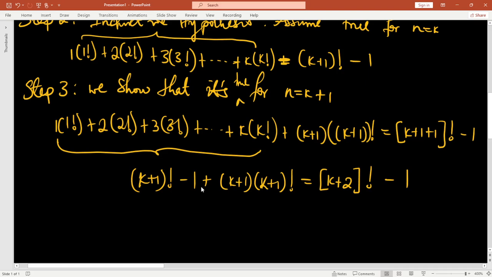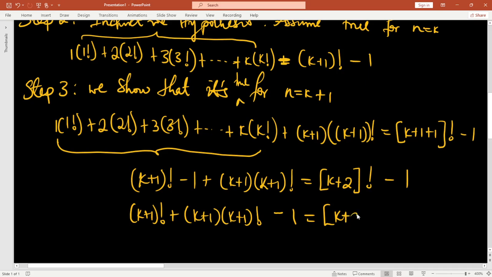Alright, so I'm just going to rearrange what we have here so that we can look at it nicely. So here I'm going to write k plus 1 factorial plus k plus 1 and also k plus 1 factorial here, then minus this one that we have here, equal to k plus 2 factorial minus 1 like this here.